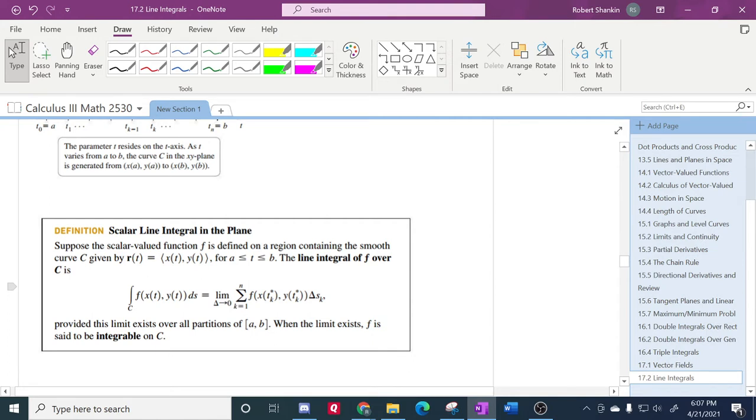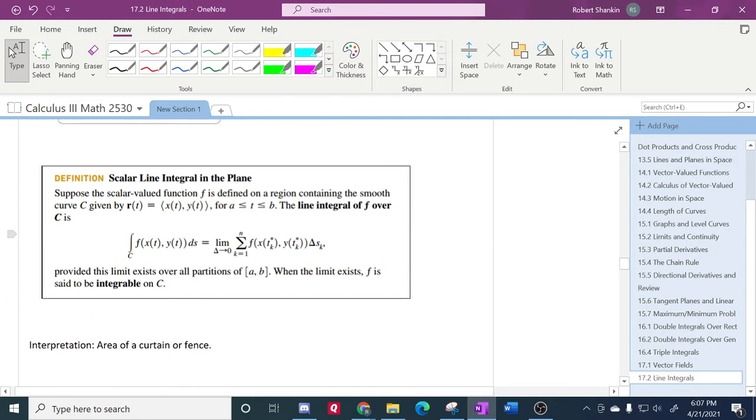That means the number of subregions is going to infinity. And then the summation k equal 1 to n of all these. Each one of these is a length of a piece of arc times a value of the function for one specific point in that region, provided this limit exists over all partitions. When the limit exists, it's said to be integrable.